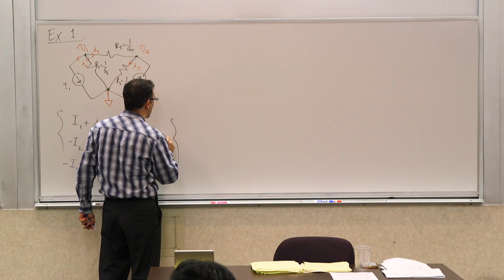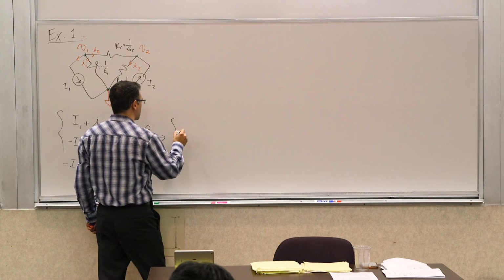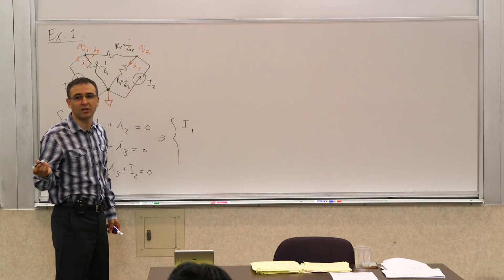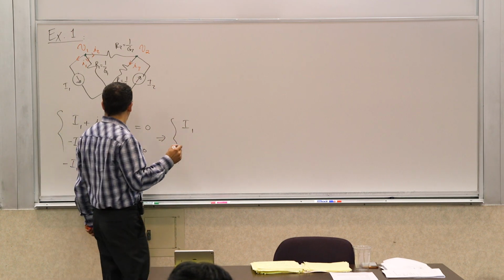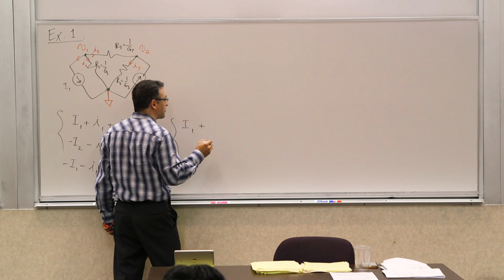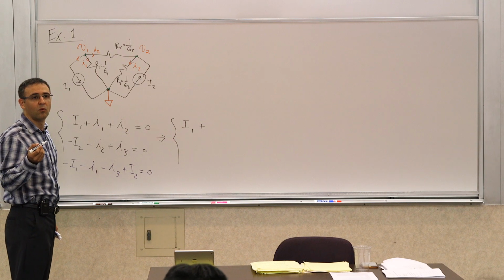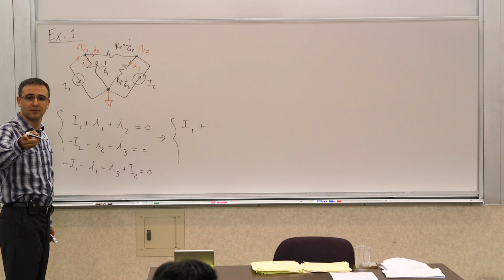I want to write them in terms of V1 and V2. So can you help me out in writing them in terms of V1 and V2? I1 is a stimulus, an input to the circuit, right? A capital I1. So the first thing I need to write in terms of V1 and V2 is lowercase I1. What is it in terms of V1 and V2? So go ahead.